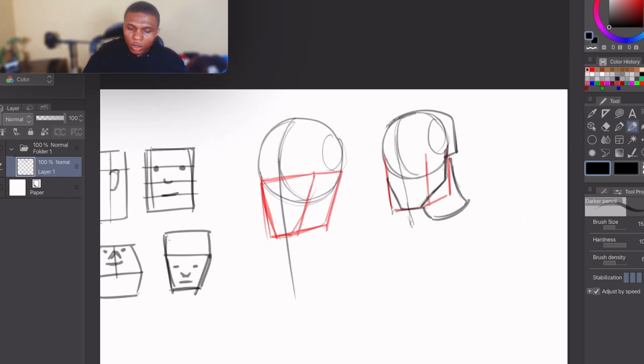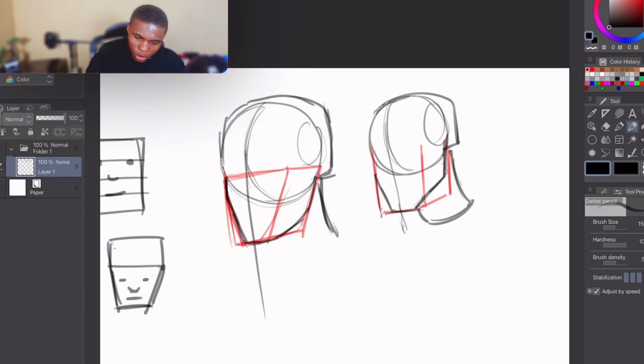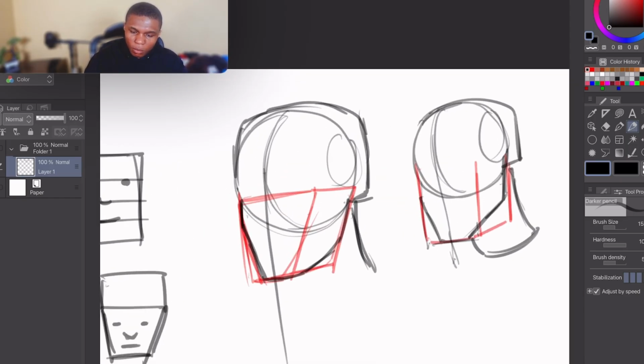So you can see how when you practice these shapes, you just get better at approaching any head. You could use this and start your portraits. If you are just starting out, and you have this itch to suddenly draw from a real reference, don't try to be a human pantograph, right?